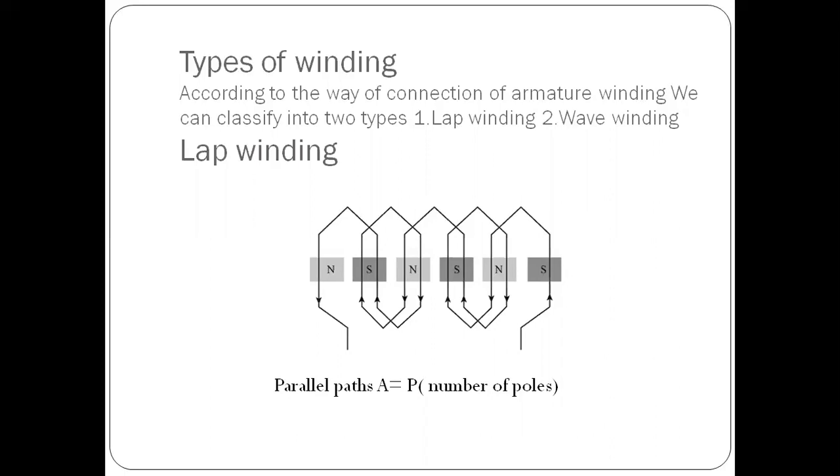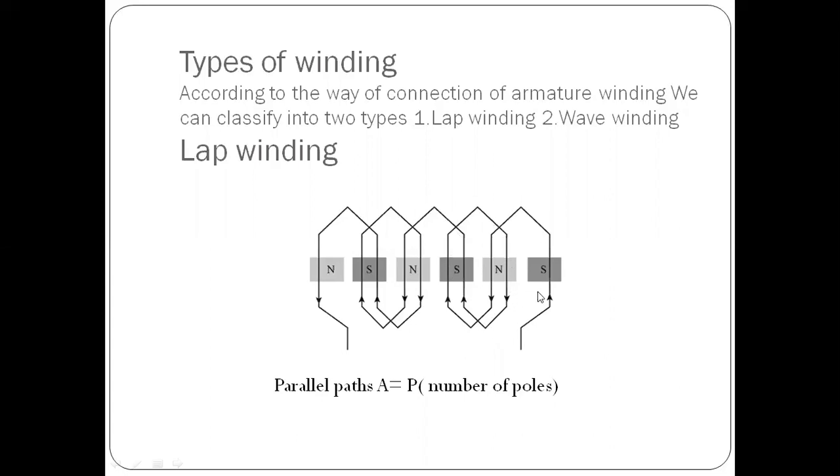The concept is actually deep, but there is no need to go into that. We can study simple definitions. The meaning of lap winding is that the connection is overlapping in nature. You can observe that if you start from one end, it goes to the next slot and comes back to the same slot.